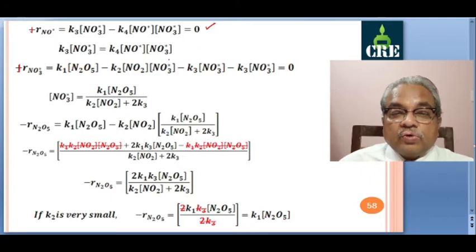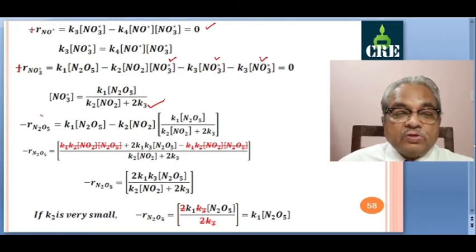So this term containing NO3 star we transfer on this side. So what we get is K2 NO2 plus K3 plus K3. So K2 NO2 plus 2 K3, and that we bring in the denominator. Numerator is only K1 concentration of N2O5.